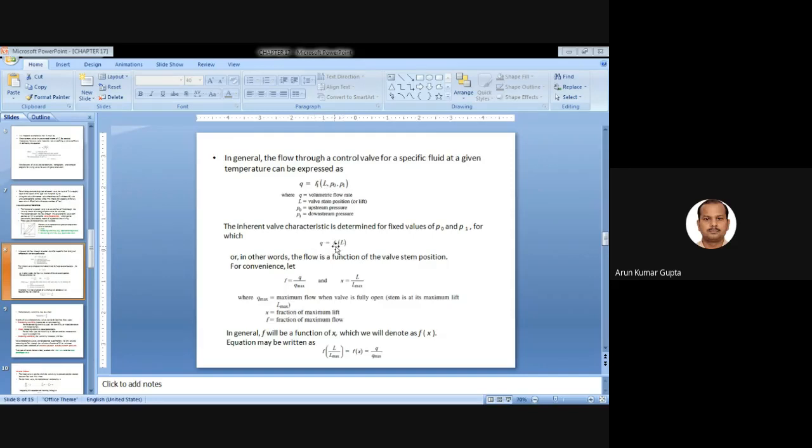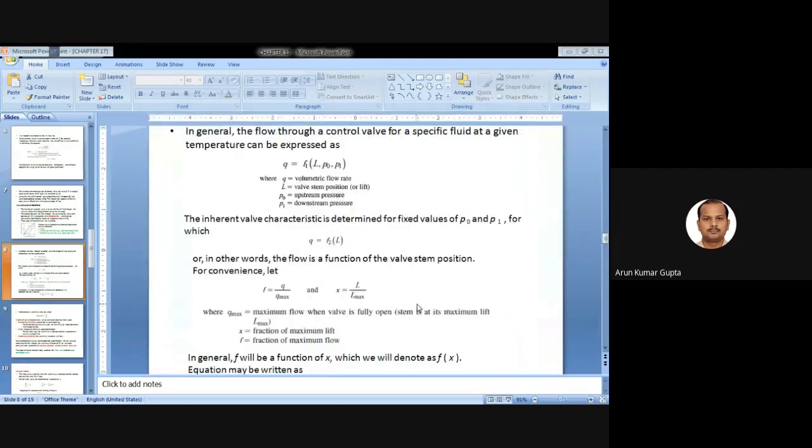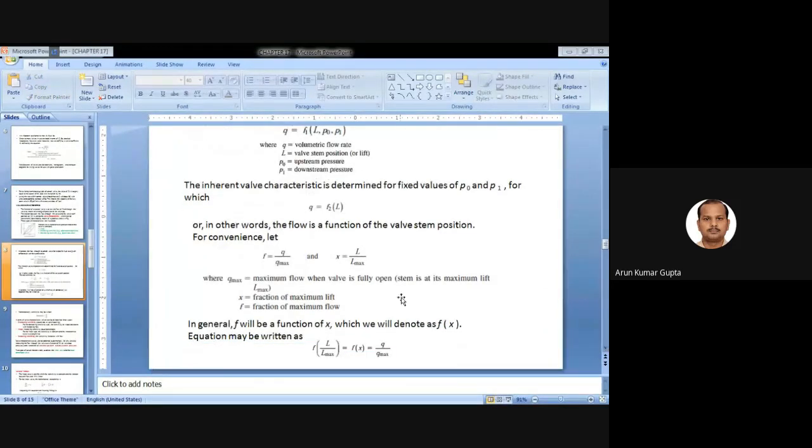Q is a function of stem position, and when we define the flow rate in terms of fraction, that is Q by Qmax, and similarly x equals L upon Lmax. That is the stem position change. So x is the fraction of the maximum lift, and f is the fraction of the maximum flow. Qmax is the maximum flow.